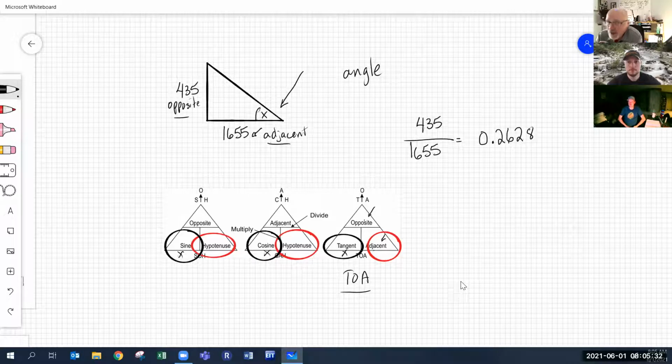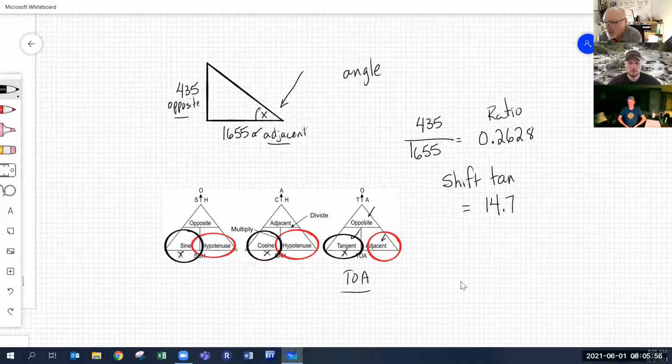Then to get what the angle is, because this is just a ratio, we need to get the angle. You're going to hit shift on your calculator and then the tangent button. Shift tan will give you an angle of 14.7 degrees.